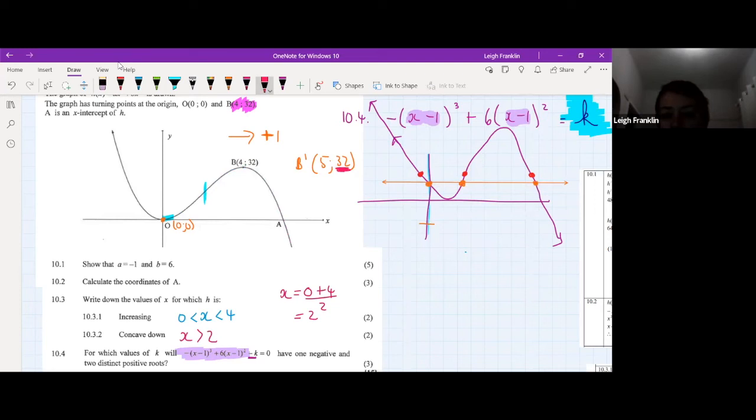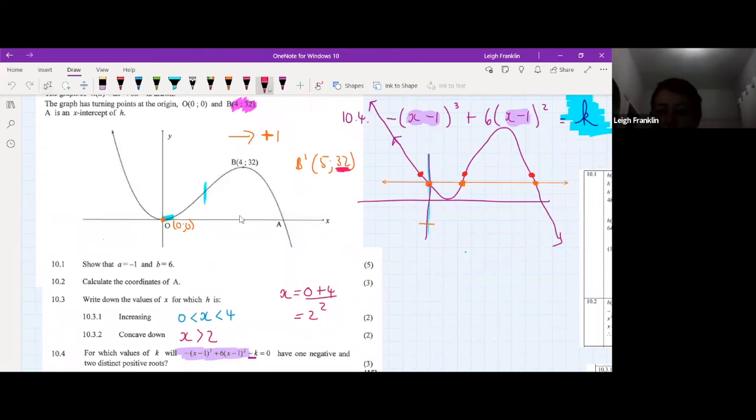What we don't know is what the value of y is over here. But what we do know is that x is equal to 0 at this point, don't we? So in order to get the y coordinate at the y-intercept, because this graph has now been shifted 1 unit to the right, so its y-intercept is now different, we can sub 0 in.